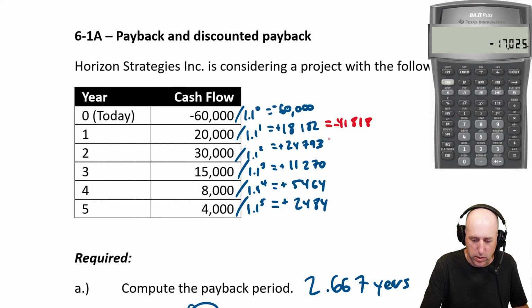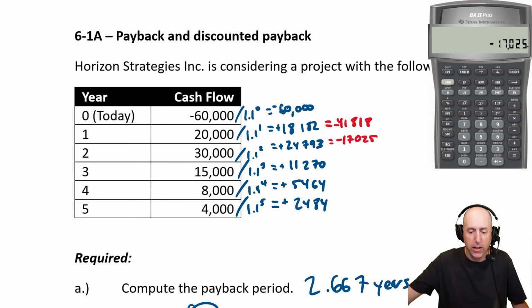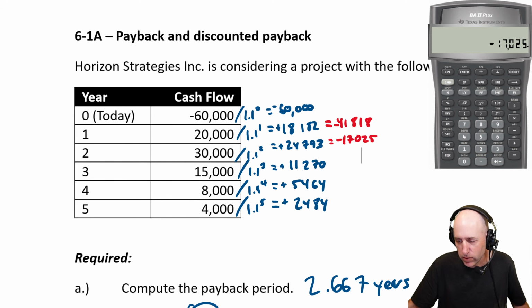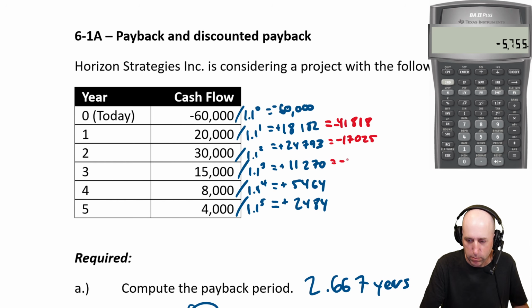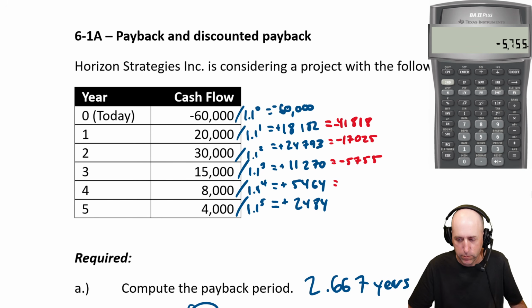After 2 years, I'm still in the hole, minus 17,025. I'm digging myself out of this $60,000 hole I've made for myself. Plus 11,270. So after 3 years, I'm still in the hole, minus 5,755. And after 4 years, you can see I'm still going to be in the hole, plus 5,464.